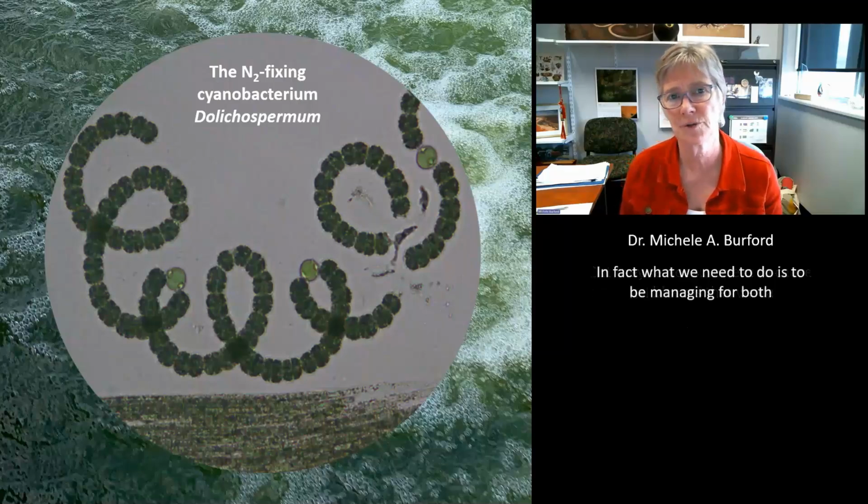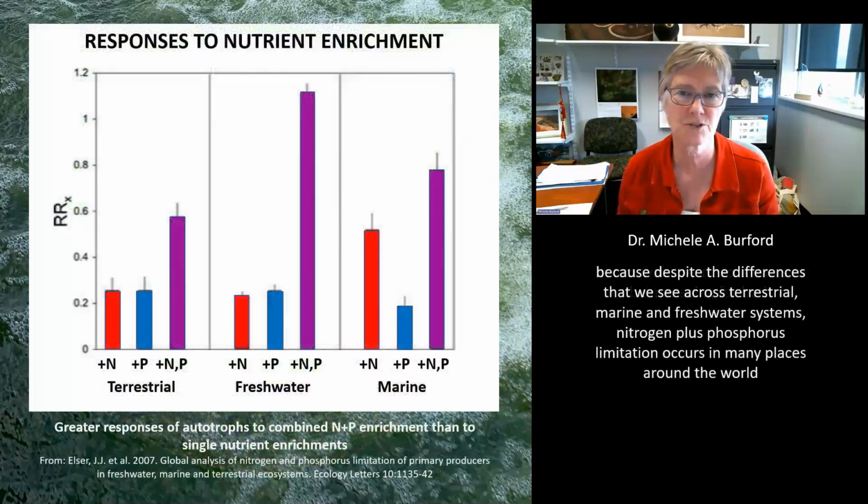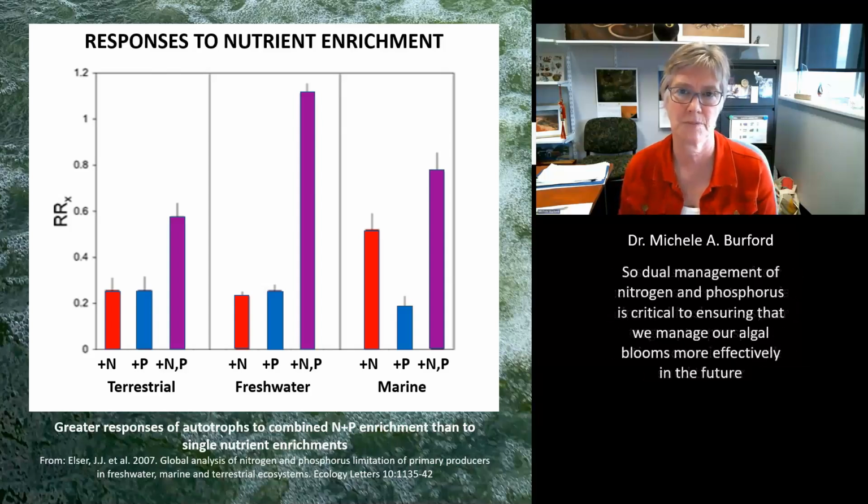In fact, what we need to do is to be managing for both, because despite the differences that we see across terrestrial, marine and freshwater systems, nitrogen plus phosphorus limitation occurs in many places around the world. So dual management of nitrogen and phosphorus is critical to ensuring that we manage our algal blooms more effectively in the future.